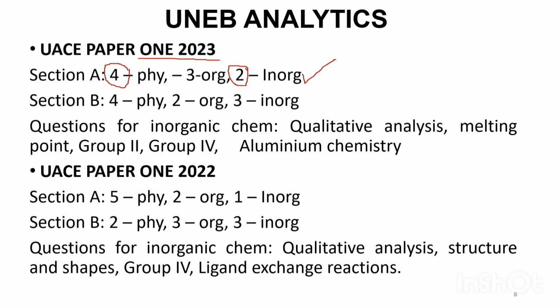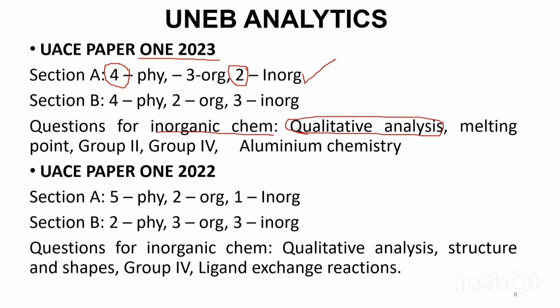So the student can as well clear the inorganic questions in section A, which means you might not need to read the crude equations found in group 4 and in transition elements, but actually master redox reactions, qualitative analysis, melting points, periodic properties, and simple explanations in the introductory part of transition elements, as we're going to see. Which inorganic areas were in this paper? There was qualitative analysis in section A, obvious case, melting points in section A, obvious case.